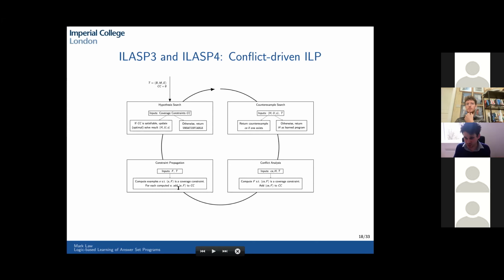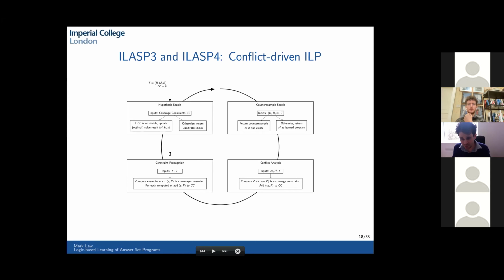There's actually something in between called constraint propagation. This is the bit that makes ILASP 3 and ILASP 4 much more efficient when it comes to noise. Because what we could do is just say, well, we don't cover example 1, say, if we ignore this coverage constraint. But if example 1 has a very low penalty, then the hypothesis search may choose to ignore example 1.